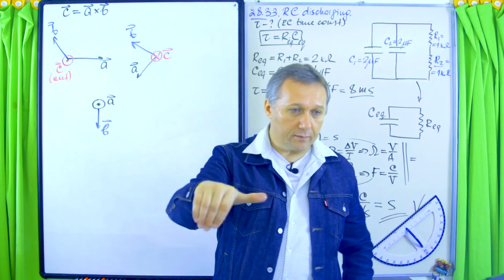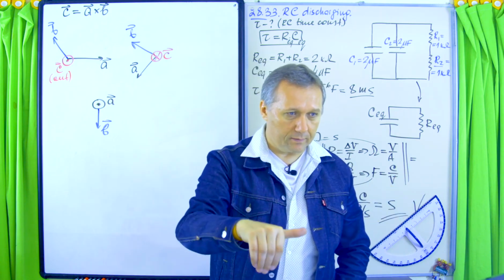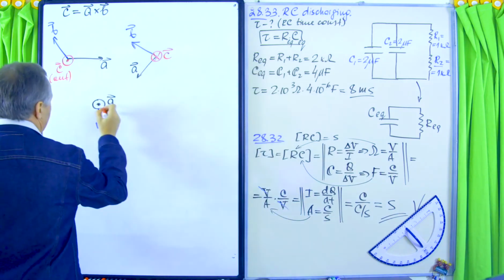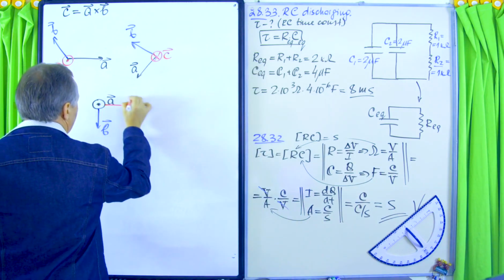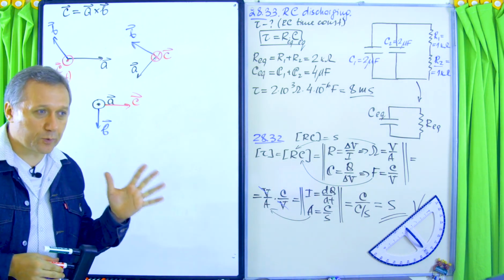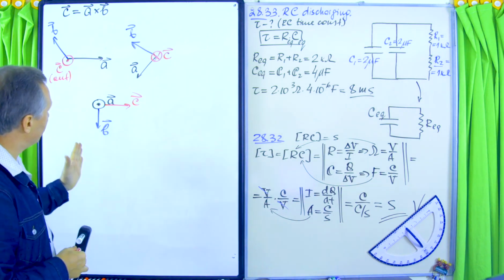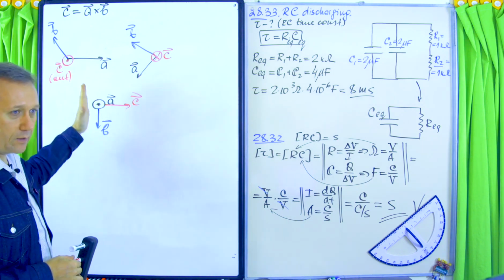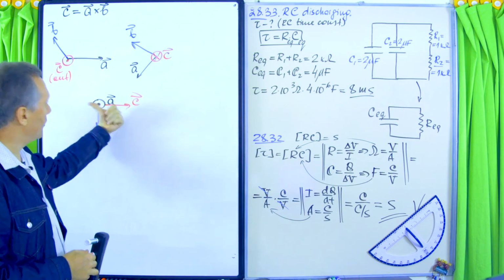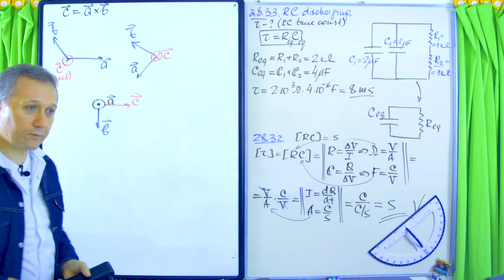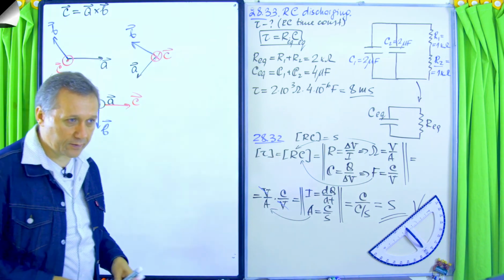That's the correct direction for the vector C. And again, as I told you several times, the cross product C must be perpendicular to both of these vectors. Vectors A and B form this plane, so vector C can be this way or that way, but must be perpendicular. We applied the right-hand rule and found that this is the correct direction for vector C.